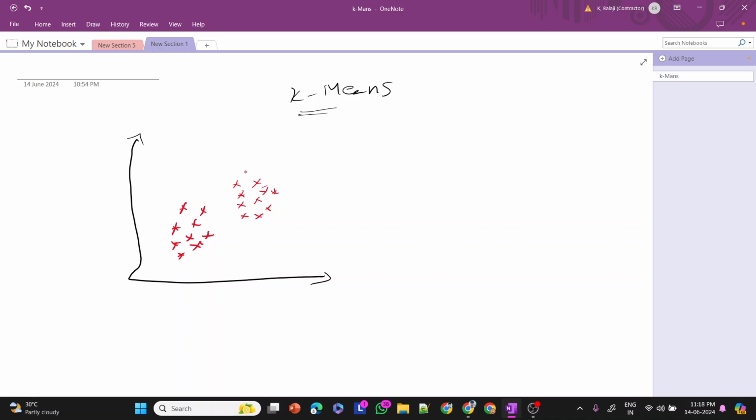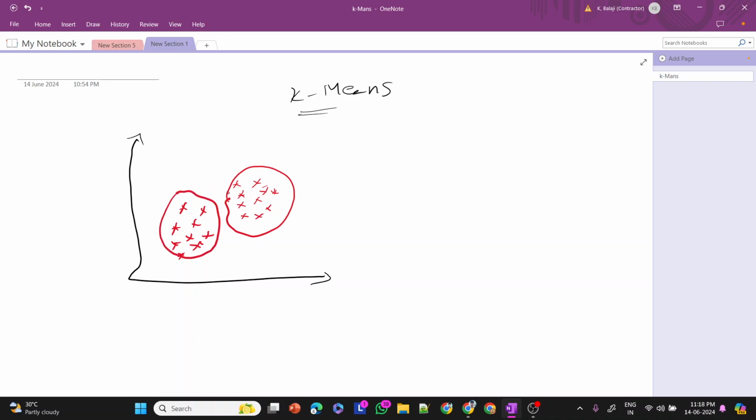The aim of K-means is to make a cluster around each group, each categorical group.